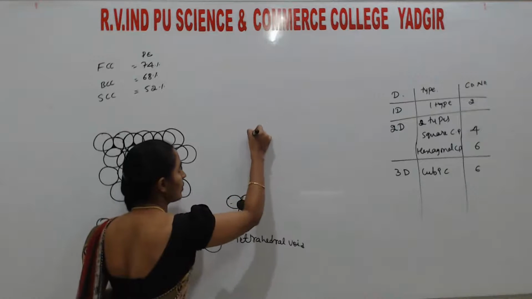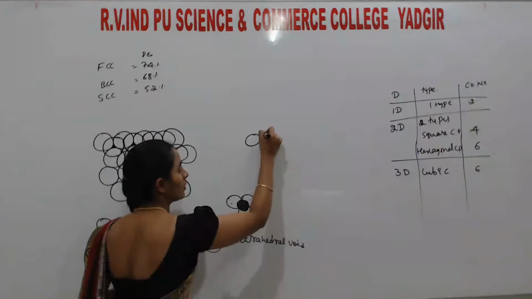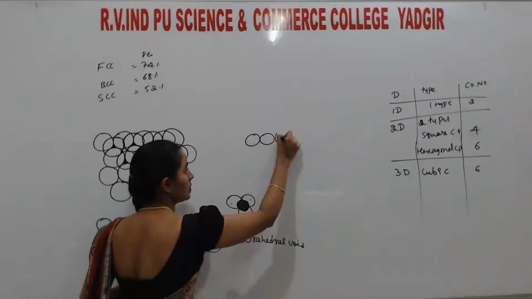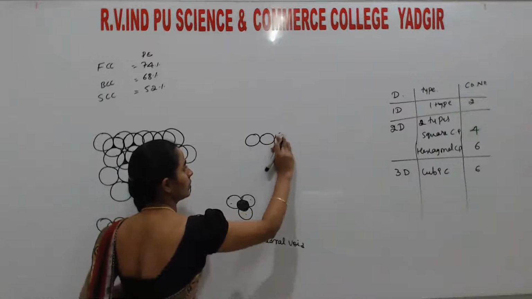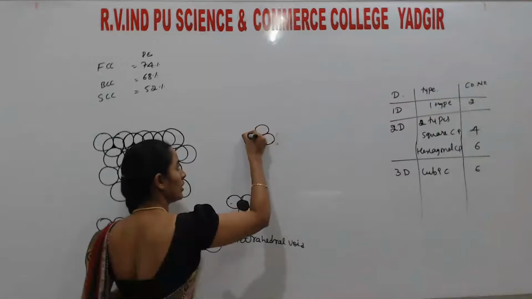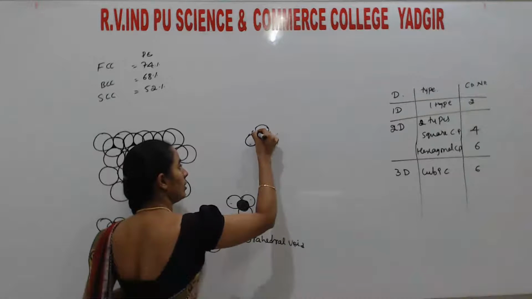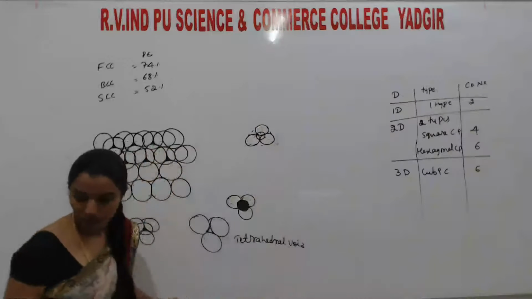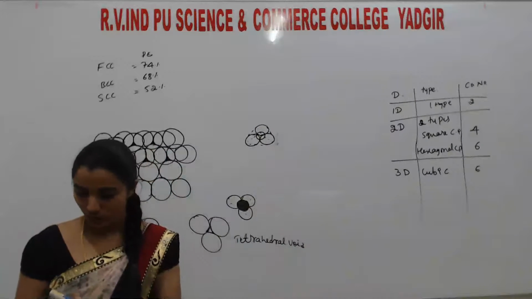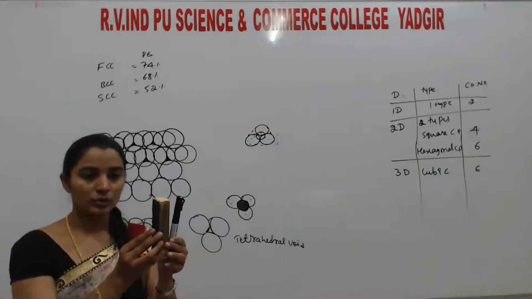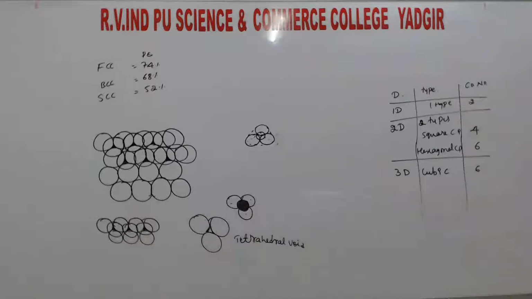Listen, one sphere, two spheres, and this one is the third sphere. 1, 2, 3 spheres, and they have another sphere. They are in a tetrahedral manner. Listen, one sphere, two sphere, three sphere.